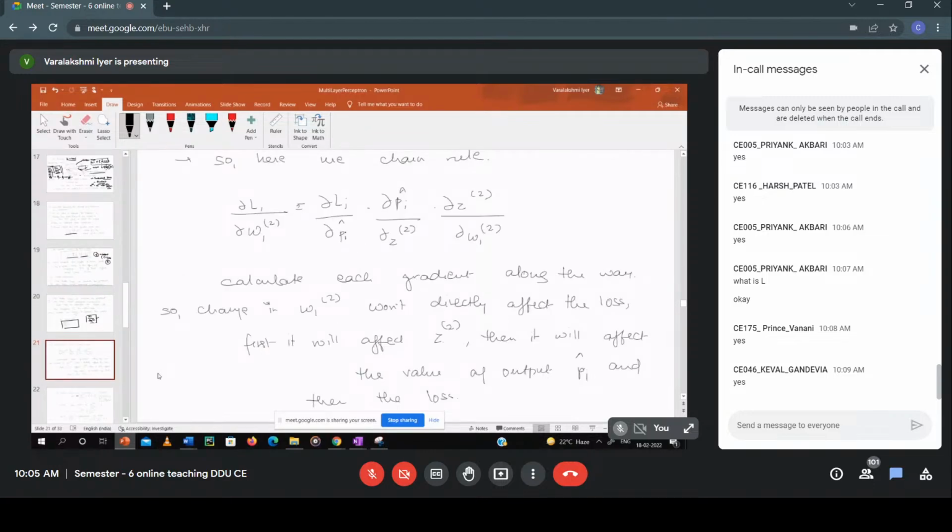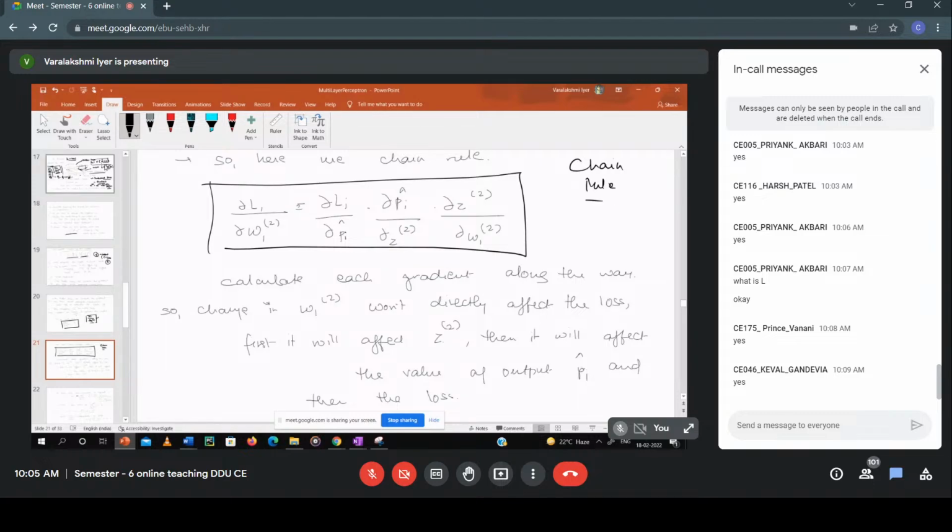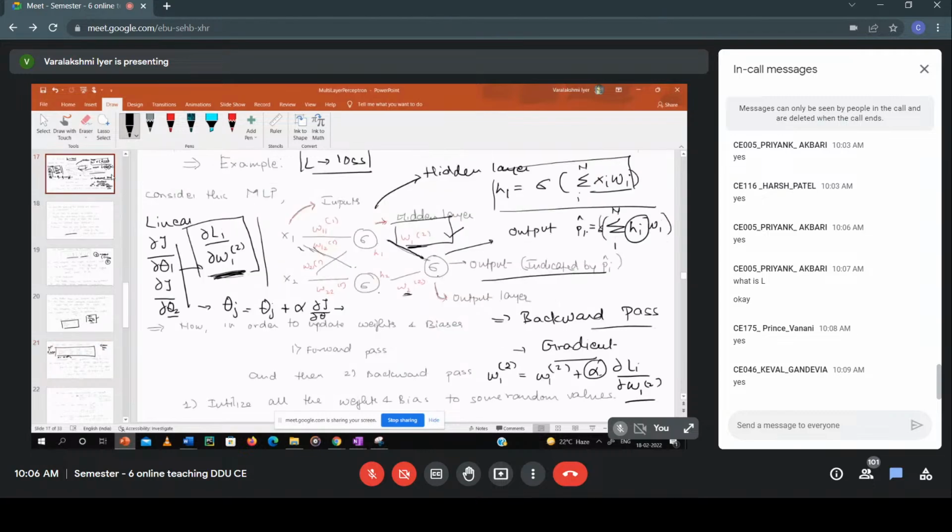Do you recall the chain rule in the case of derivation? If you make certain changes in w12, it won't directly impact the loss. First, it will impact the Z value. Z is the summation over the weights and the inputs. In this particular diagram, Z1 will be w12 into h1.